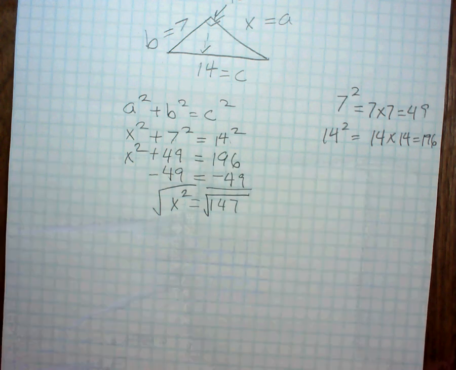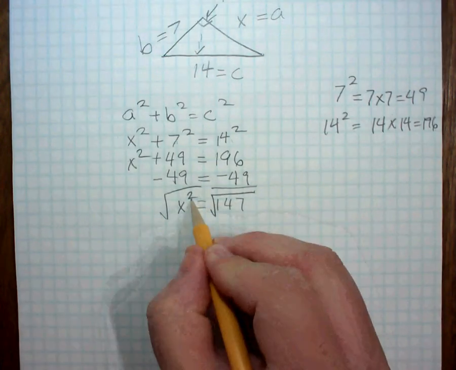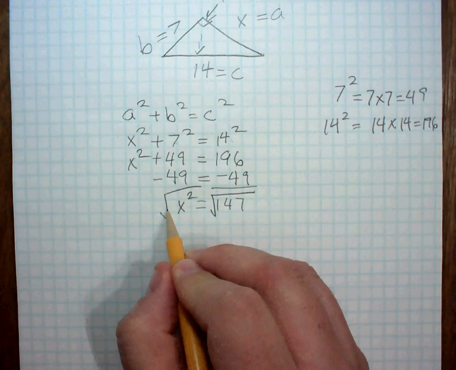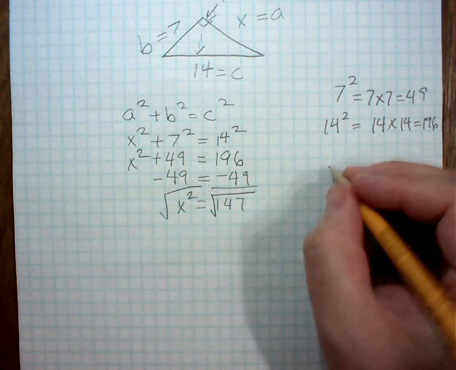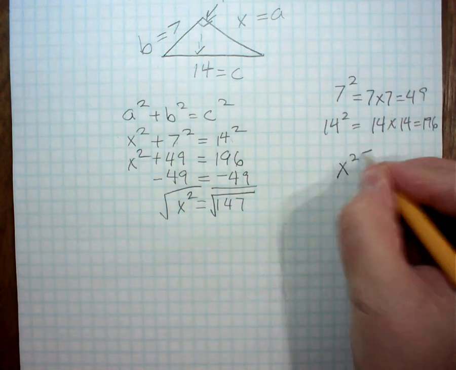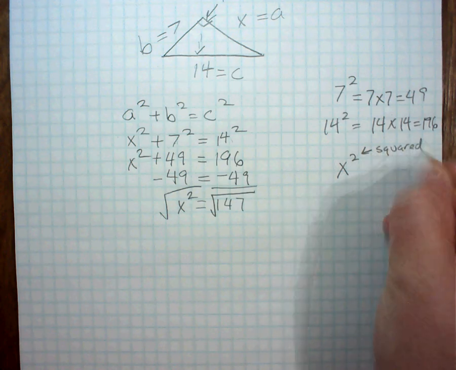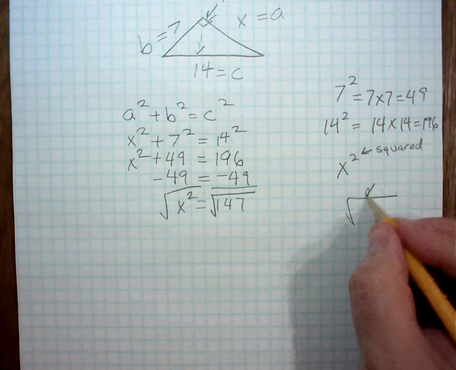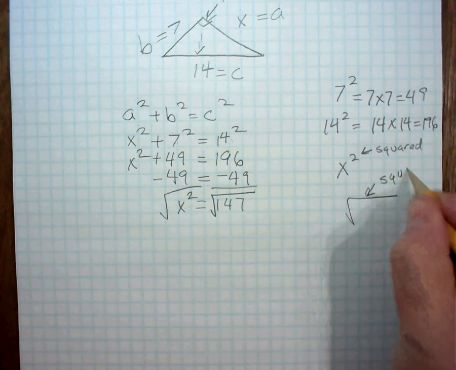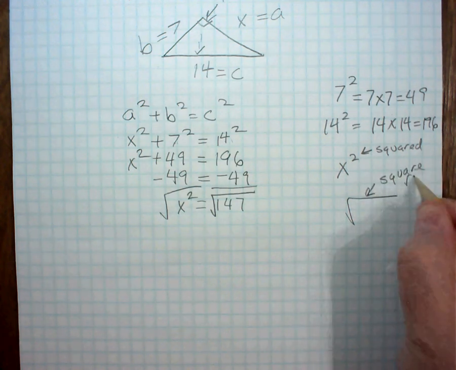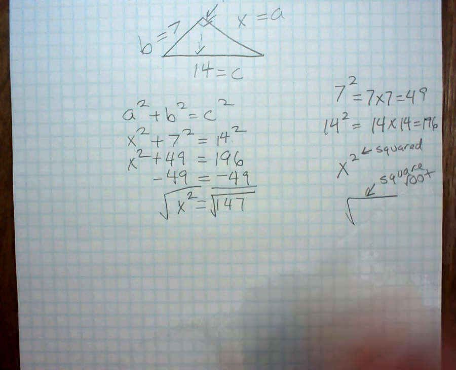So what I do know for sure is that the x squared and the square root, remember, I want to identify this. If I say x squared, this is squared. This symbol here represents a square root, which is the opposite operation. These are two different things.